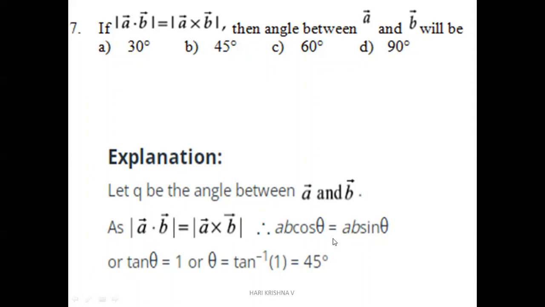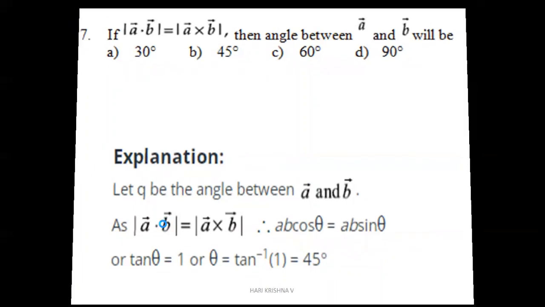Dividing, AB we can cancel, so sin theta by cos theta, tan theta equals 1. So theta is equal to tan inverse of 1. Tan inverse of 1 is 45 degree. Option B is correct.